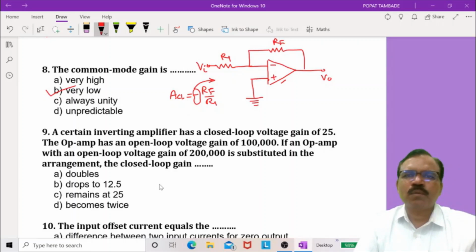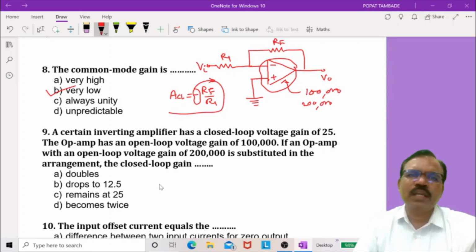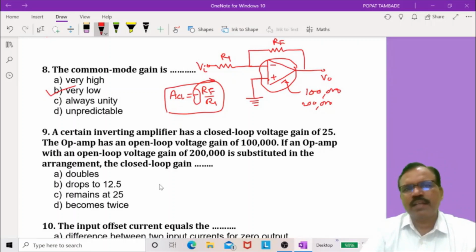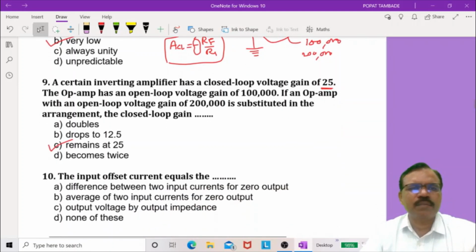Now suppose the operational amplifier's open loop gain, meaning without feedback, is 1 lakh, and if we replace this operational amplifier with one of 2 lakh open loop gain, the closed loop gain will remain the same. It is Rf upon R1, it depends on the feedback resistance and the input resistance. So here the closed loop gain is 25, and it remains at 25.